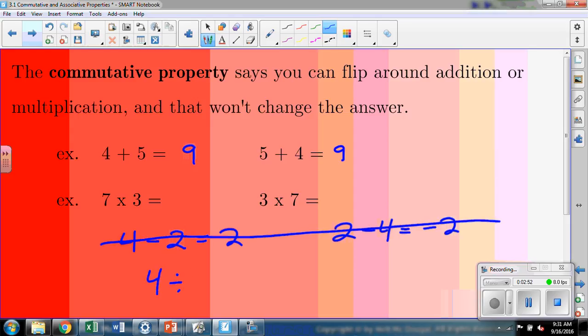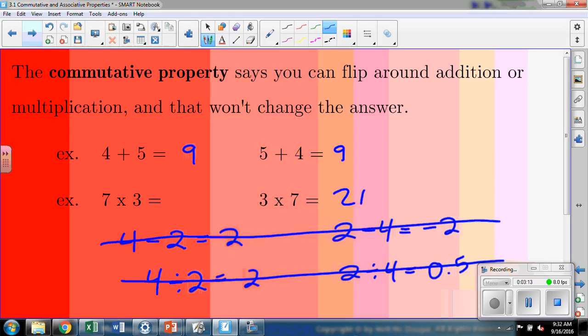Similarly, there is no commutative property for division. 4 divided by 2 would equal 2, but if we flip it around, we get 0.5, not the same number. The commutative property only works for adding and multiplying, not subtracting, not dividing.